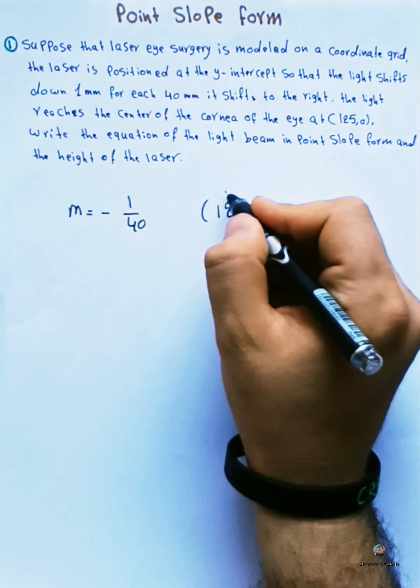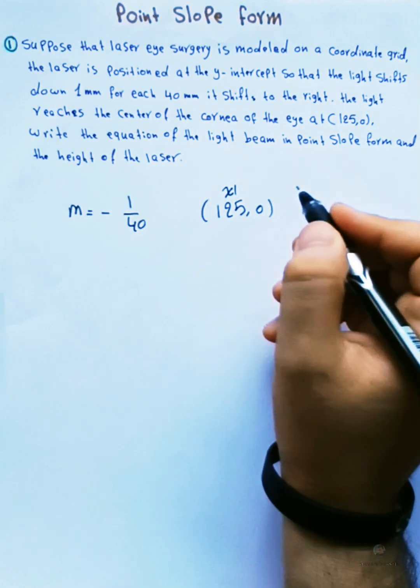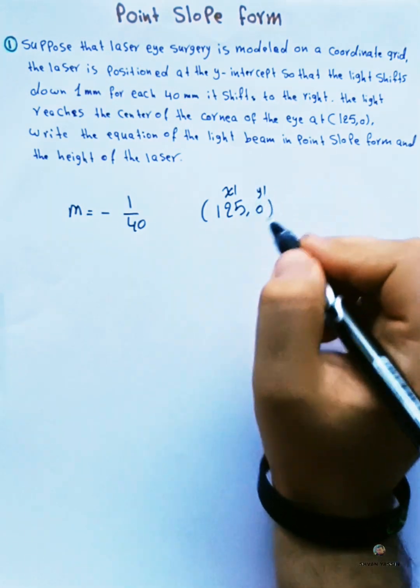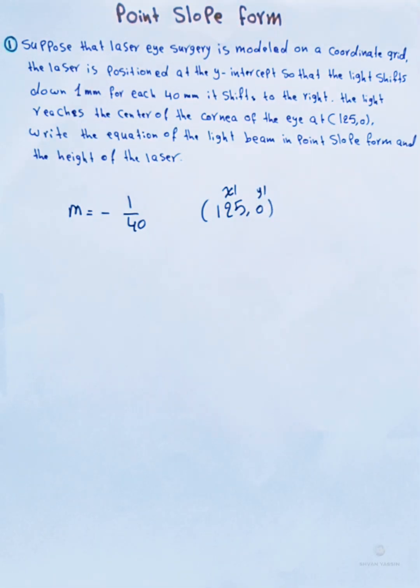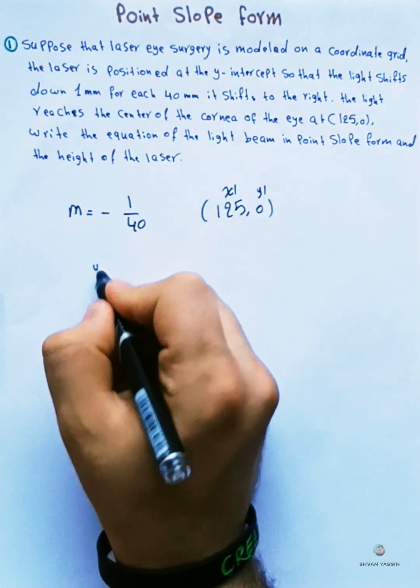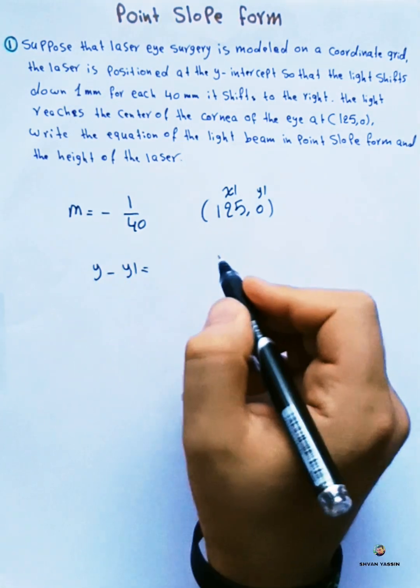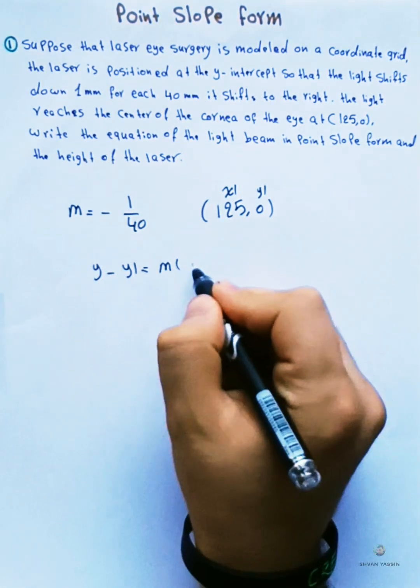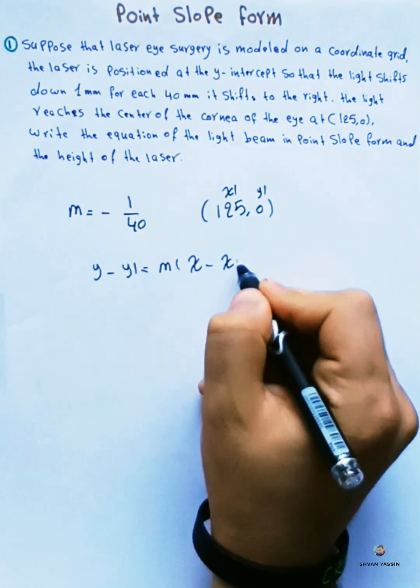So this is x1 and this is y1. So the point slope form, y minus y1 equal to m times x minus x1.